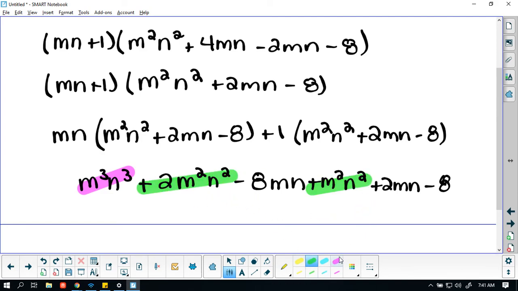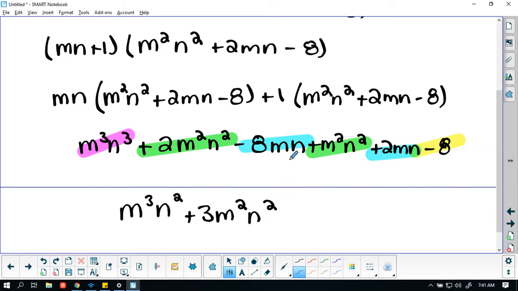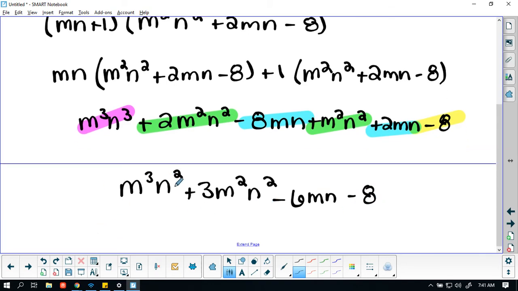We have these two here, and we have this guy here, and then we have negative 8 at the end. Okay, so we're going to start with m cubed n cubed plus 3m squared n squared minus 6mn minus 8. We have nothing else to combine, so now we are done multiplying our 3-factor polynomial.